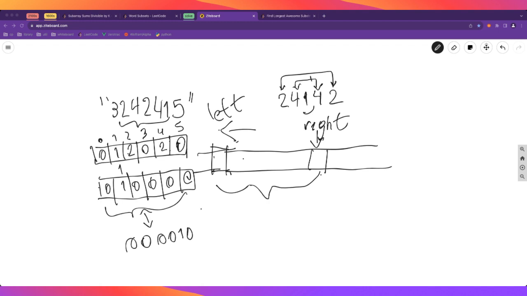Yeah, I gave it away a little bit, but let's say that we want to compute this number, this bitmask, given a left pointer and a right pointer. This is what's called a range query. We want to compute something.